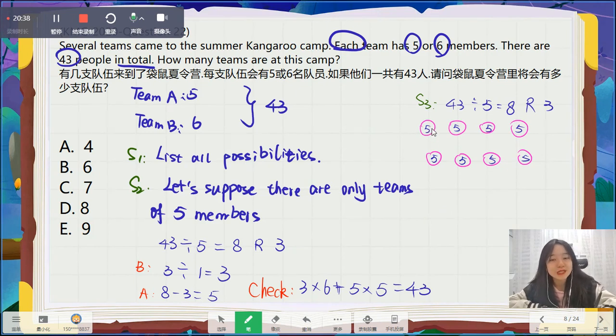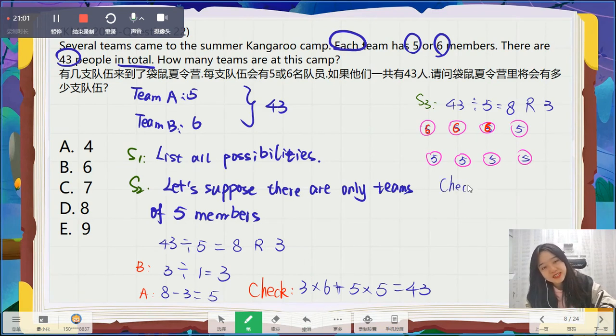So for every team, we can only add one more member. And there are 3 members. They should find a team. So we can change 3 5s into 6. Okay, and let's see. There are 3 team B and 5 team A now.